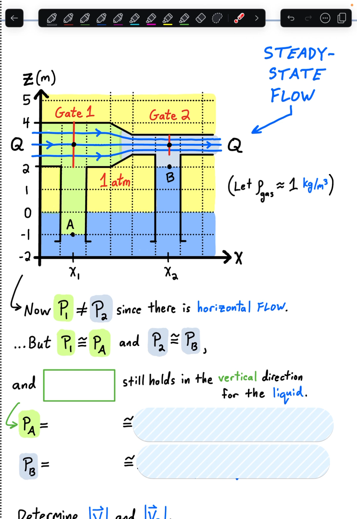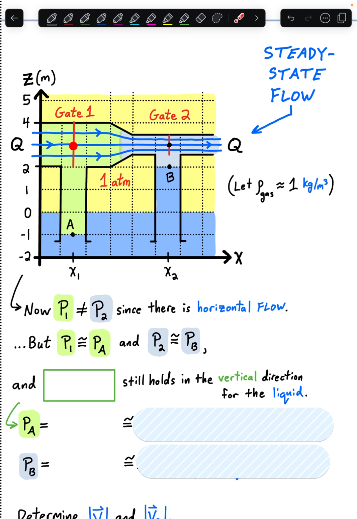Okay. Let's first make an approximation that since the density of gas is very low compared to the density of liquid, about 1 kilogram per cubic meter, then the difference in pressure as we go lower in our gas column will be negligibly small.